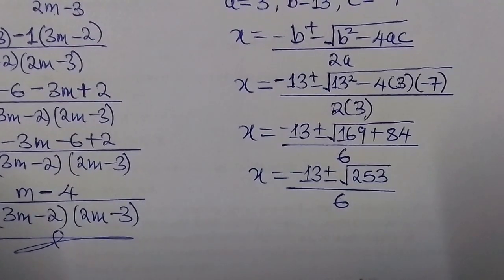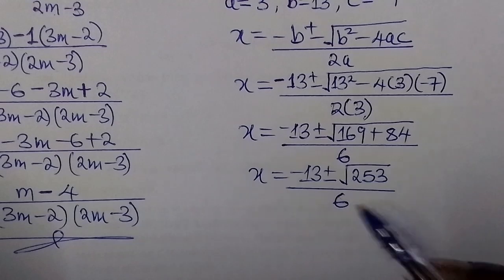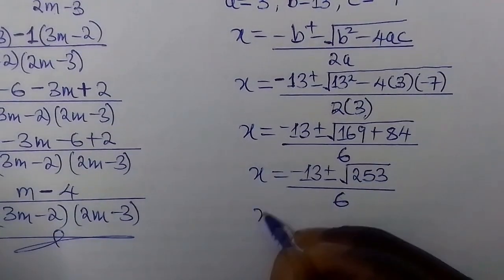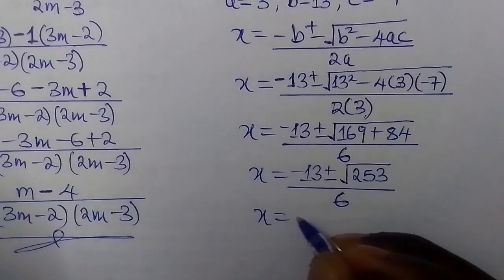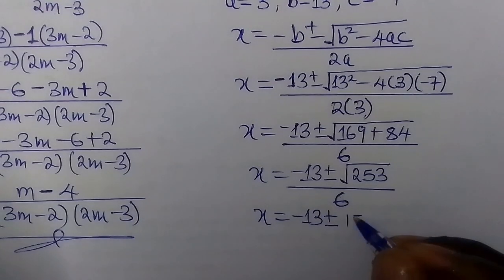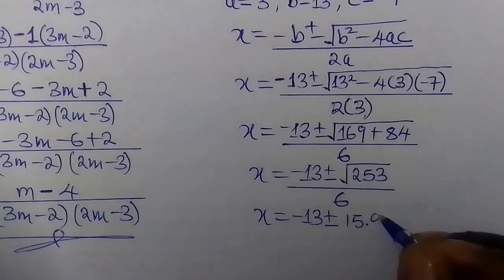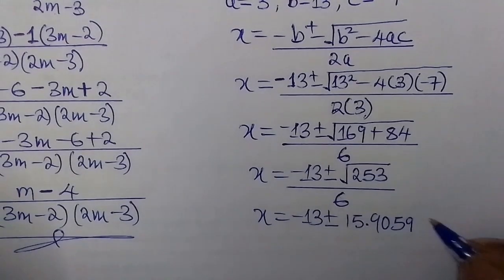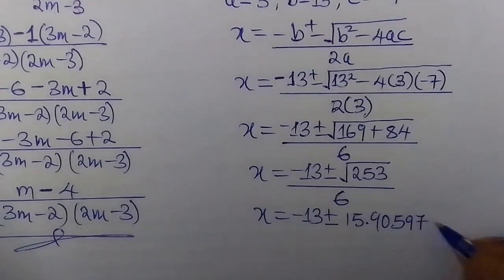What we're now going to do is find the square root of 253. So the square root of 253 is 15.90597372.